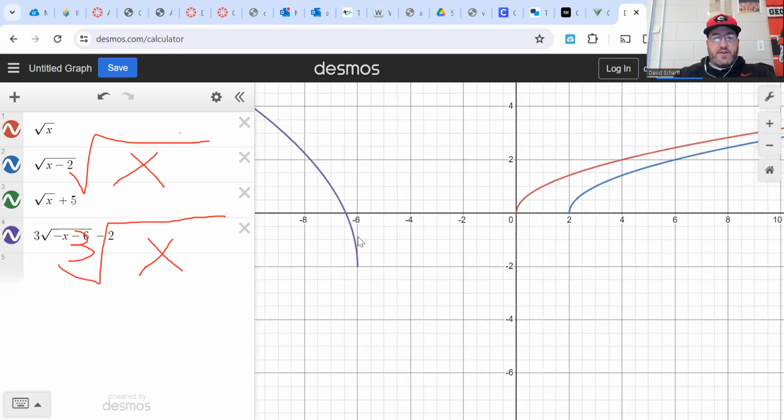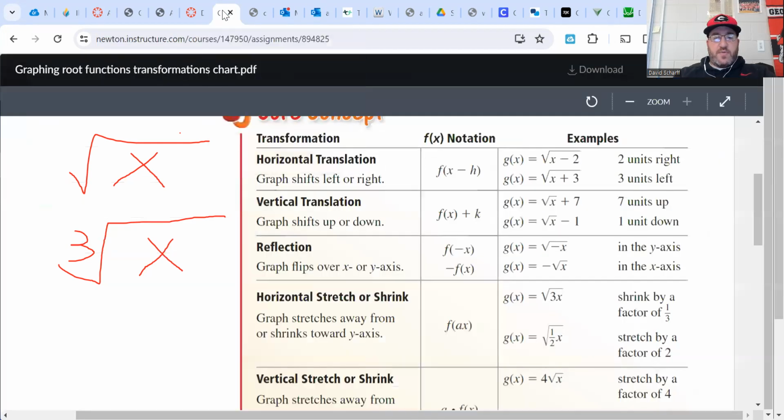Now you're trying to compare this red graph to this purple one, and it's really hard to see. But if we just look at our equation and look at that chart that we had pulled up, everything that's not the square root of x is going to tell us what our transformation is. Okay. So again, what does that mean?